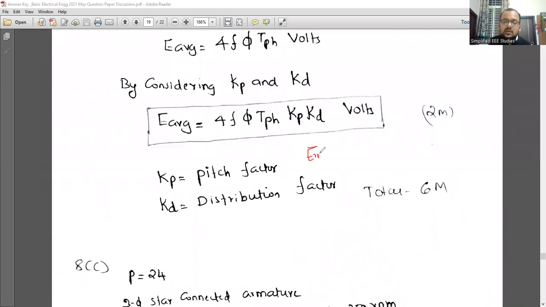ERMS by E average is equal to 1.11. Correct, no? 1.11. This you already studied in your first module. Then ERMS can be written as 1.11 into E average.